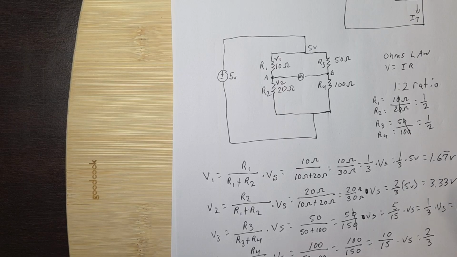It turns out to be 2/3, times Vs, which is equal to 3.33 volts.